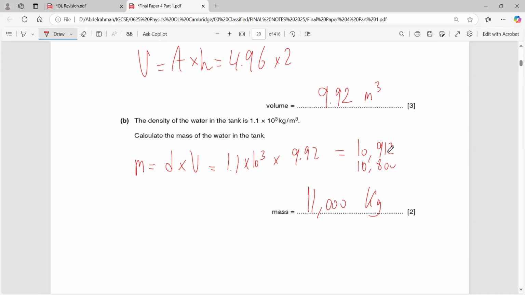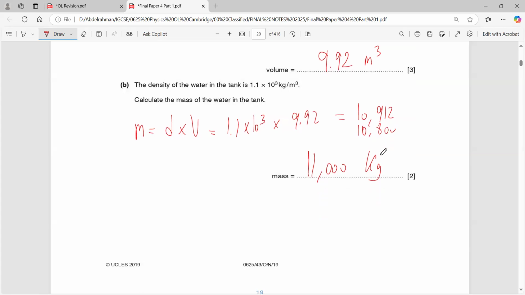Two significant figures. If I want to write it as 1.1 times 10 to the power of 4 kilograms, would that be correct? Yes, it would be correct too. Either way you can write them down as 1.1 times 10 to the power of 4 kilograms. Okay, easy.